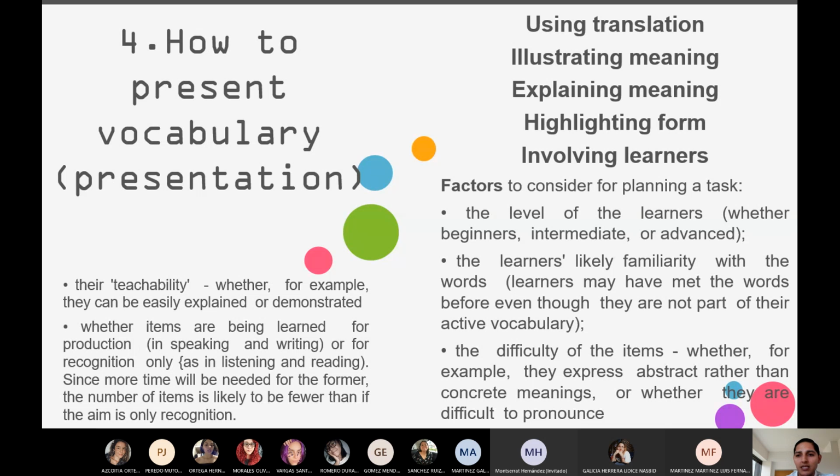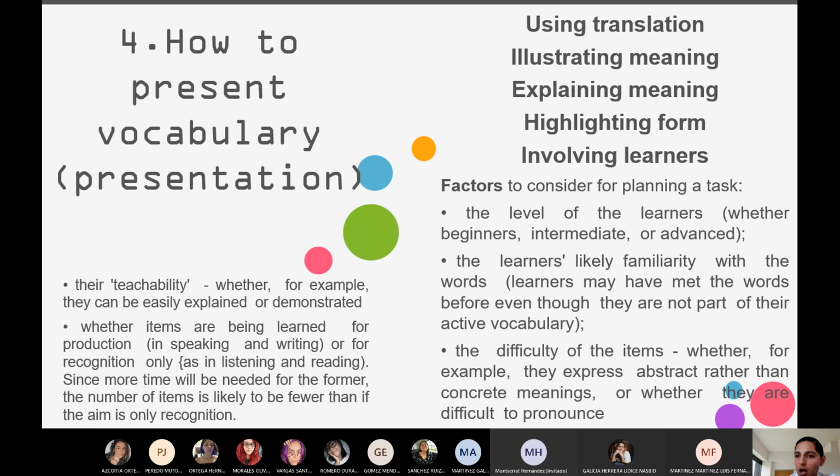Next, the students' likely familiarity with the words, what they previously know, what they are about to know, the difficulty of the items, of the words. For example, if they express abstract rather than concrete meanings, or whether they are difficult to pronounce.